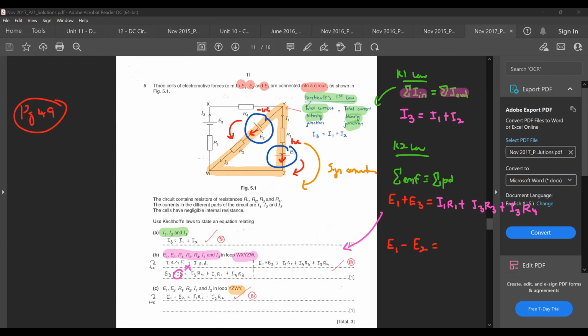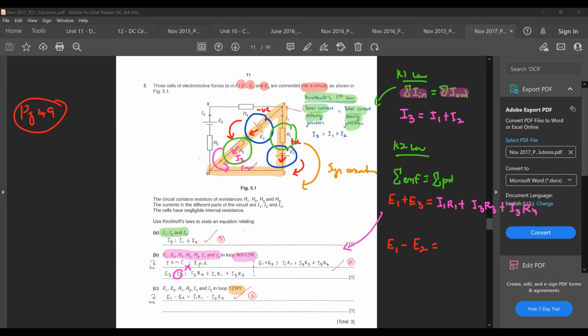And then after that, you look at your PD, which are your resistors. You have R1 and you have R2. Try and look whether there's any existing current flowing through your resistor indicated by the diagram. If there isn't, then you have to assume one. So luckily for you, the diagram already indicated it. Current I2 flows through R2. It's trying to move counterclockwise.